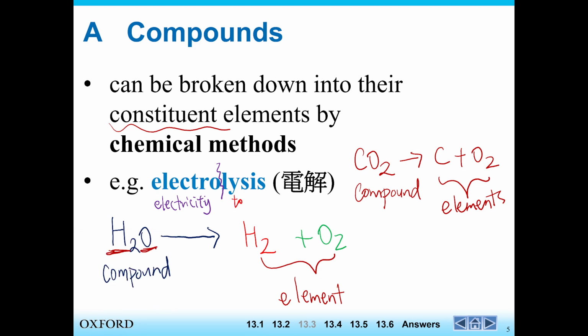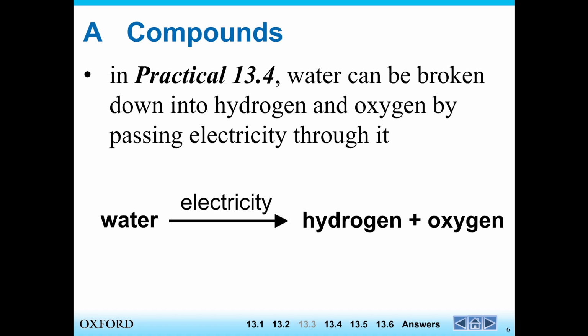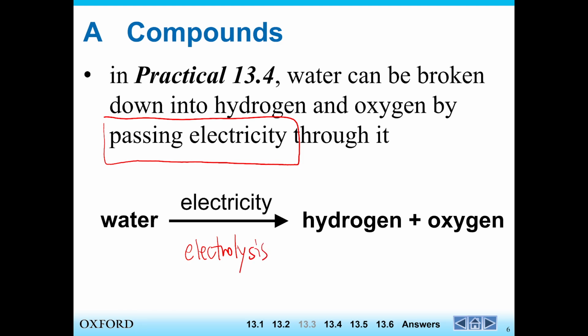So in this process, you're breaking down the compound using electricity to form elements. That's the meaning of electrolysis. Here you can see water can be broken down into hydrogen and oxygen by passing electricity, and this process is called electrolysis. So from the compound, you get the constituent elements related to that compound.